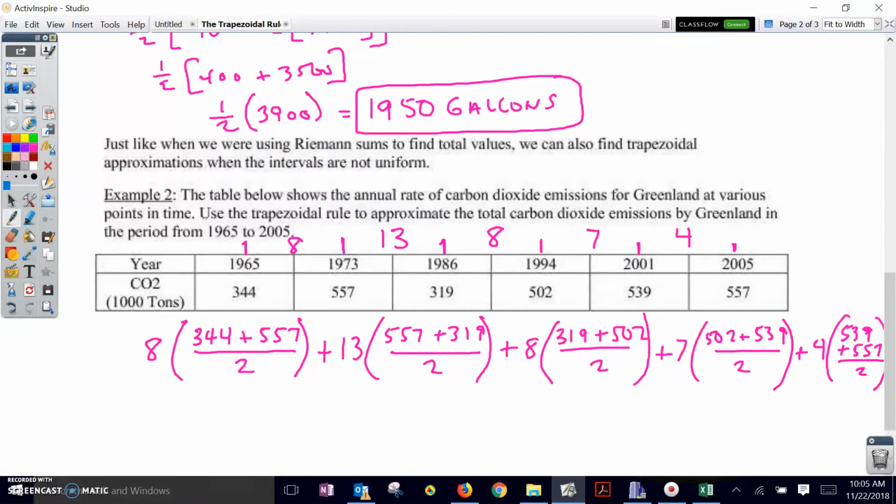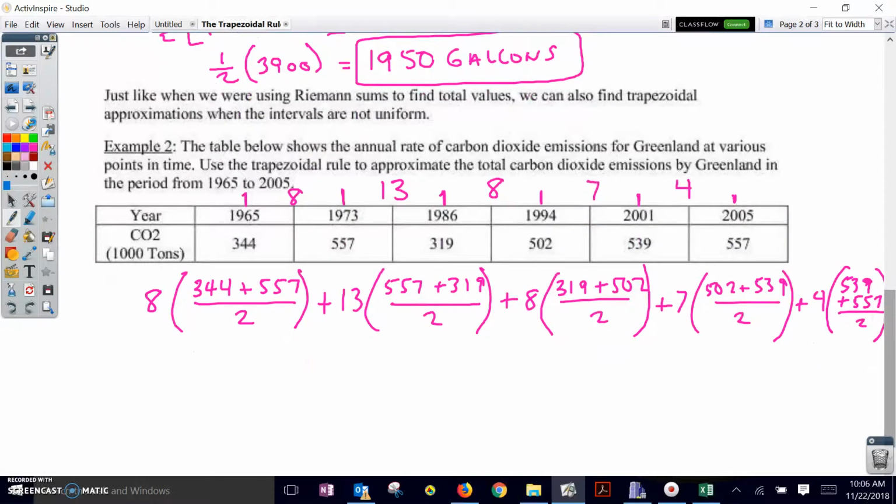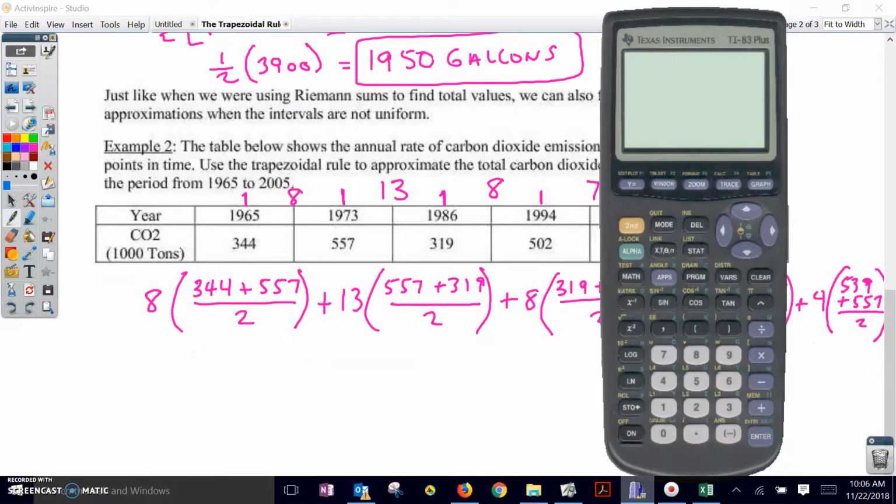Alright, and now all I need to do to find the approximation for the carbon dioxide emissions of Greenland is actually do these calculations.